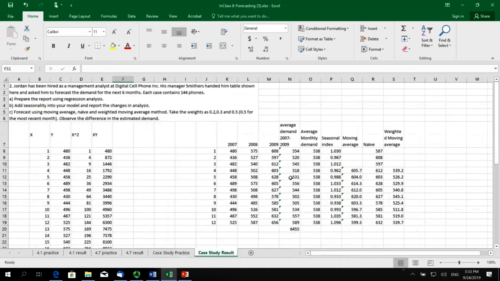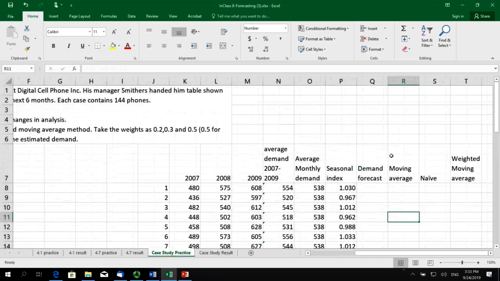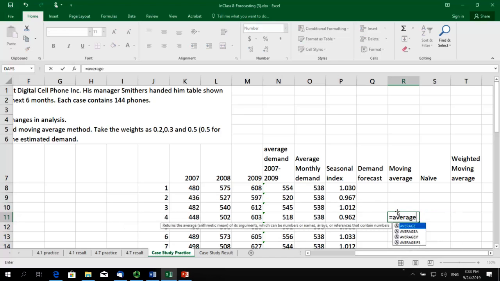So let's see here. Moving average equals average of here.